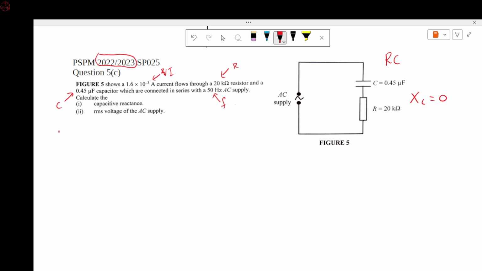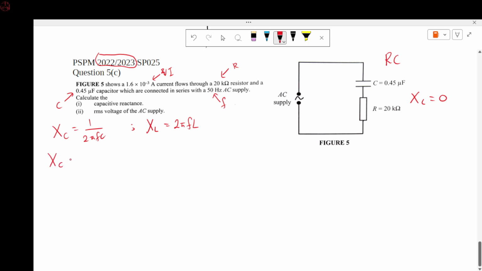By definition, your capacitive reactance is simply the inverse of 2 pi FC. In comparison, just to remind ourselves, XL, the inductive reactance, has no such inverse. You just have 2 pi FL. So I can immediately substitute the values.